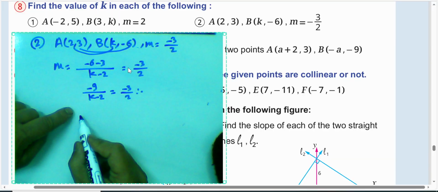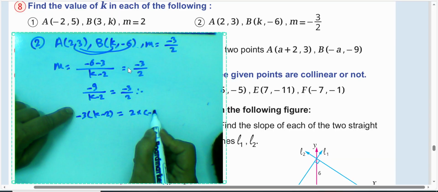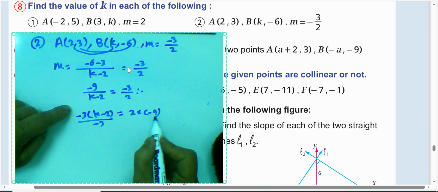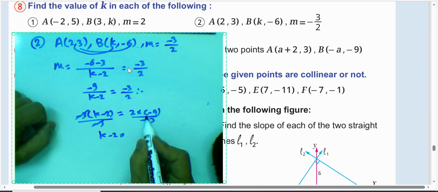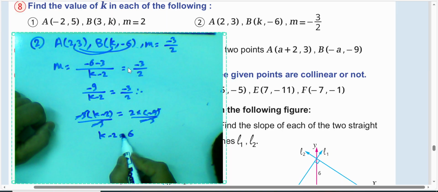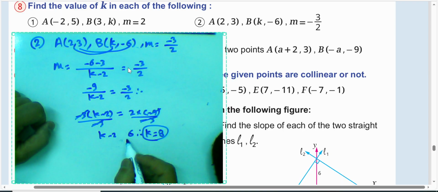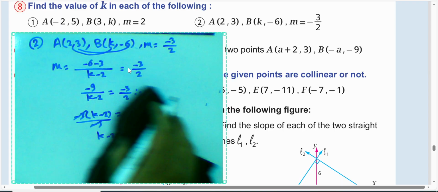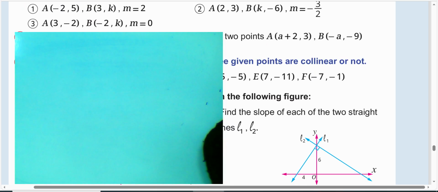Negative 3 times k minus 2 equals 2 times negative 9. We can divide by negative 3. Then k minus 2 equals 3 times 2, which is 6. The value of k equals 6 plus 2 equals 8. K will be equal to 8. This is question number 2.